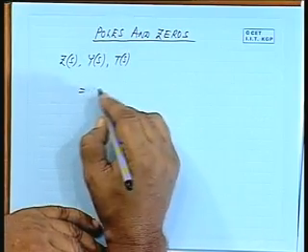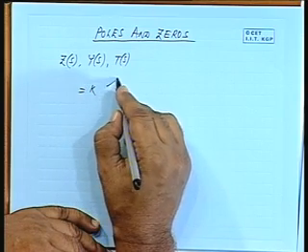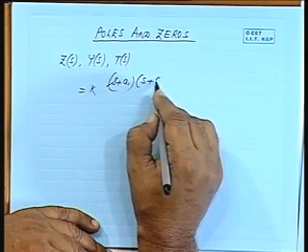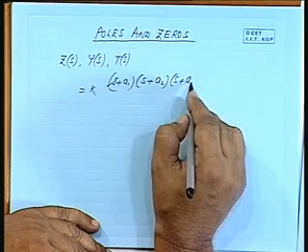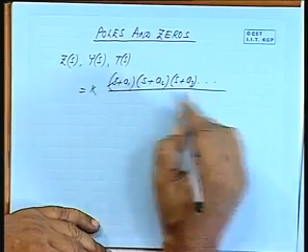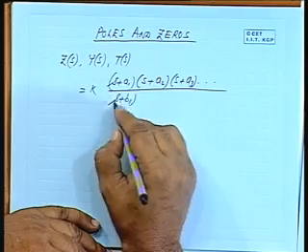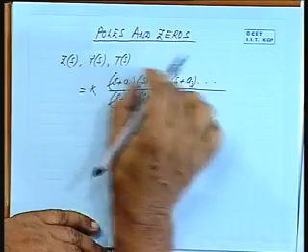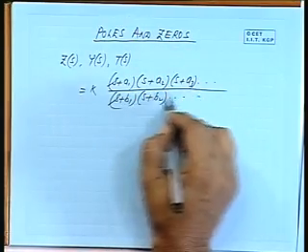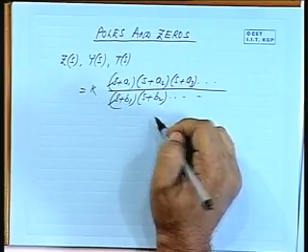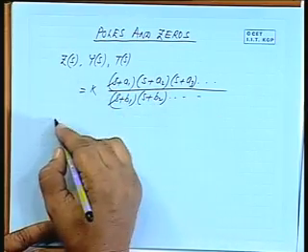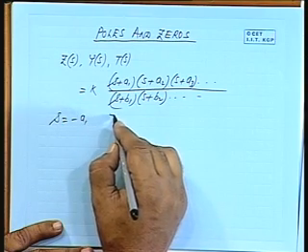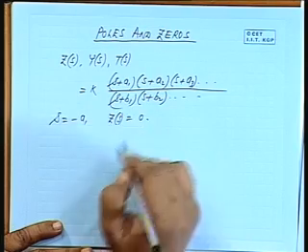We can write it as some constant into s plus a1 into s plus a2 into s plus a3 and so on, divided by s plus b1 into s plus b2 and so on. Okay. Some finite number of factors in the numerator, finite number of factors in the denominator. If you can write like this, then at s equal to minus a1, the function, say zs, equals 0.